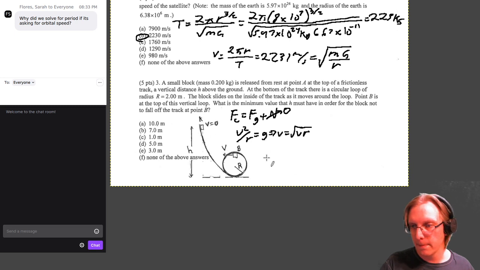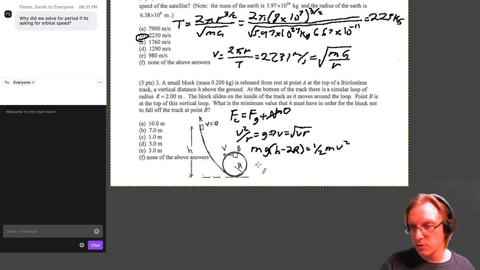From here to here, we have the energy conservation of mgh plus h minus 2 radii, and this is equal to 1/2 mv squared, the velocity at this point here.